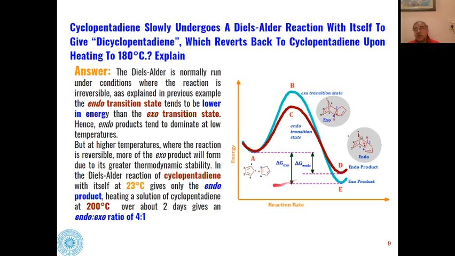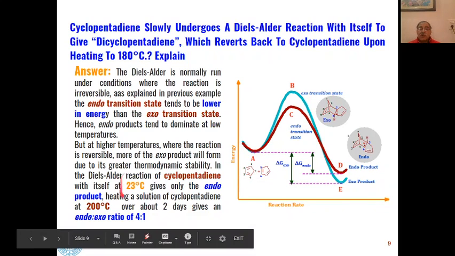So that is why when at low temperature the two molecules combine, we get only one product, that is the endo product. But at high temperatures, when the reaction is reversible, more of the exo product is also formed due to the greater thermodynamic stability. When this reaction was actually performed at 23 degrees centigrade, it gave only the endo product.